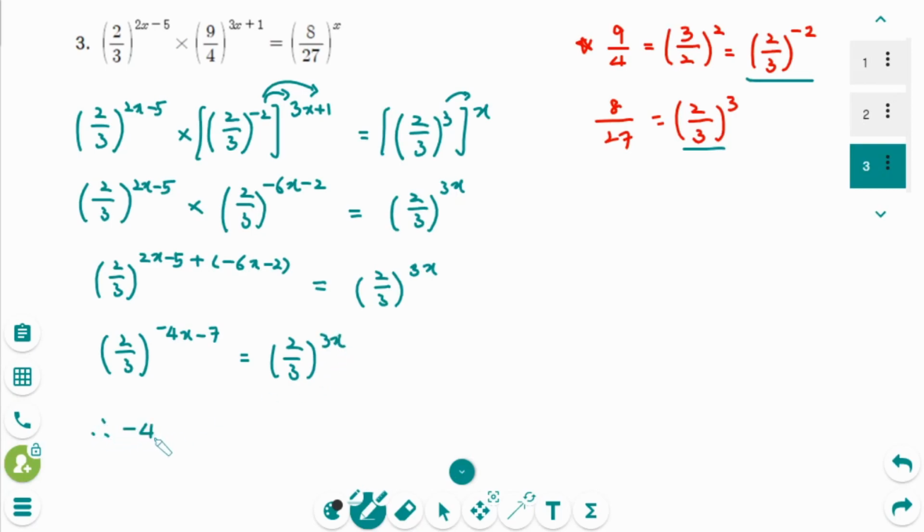Therefore, minus 4x minus 7 equals 3x. Then minus 7x equals 7. Final x equals minus 1.